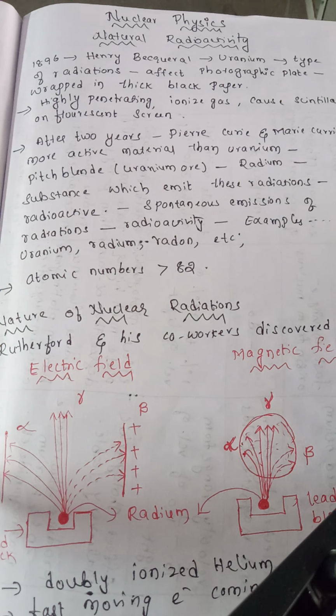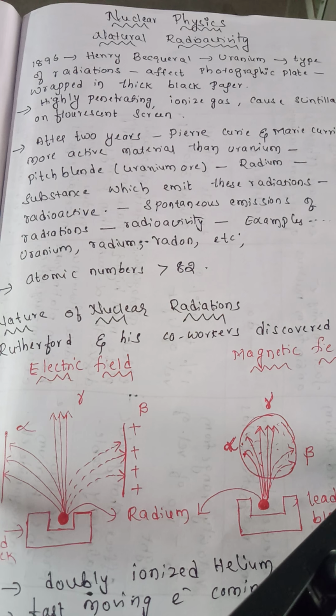After some months, he needed a photographic plate and took it from the table drawer. When he saw the photographic plate, he found that it was affected by some rays or radiations.